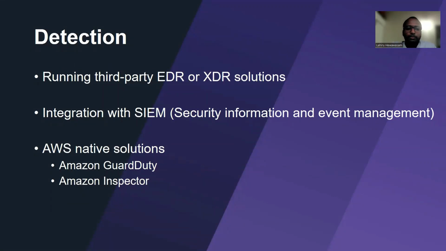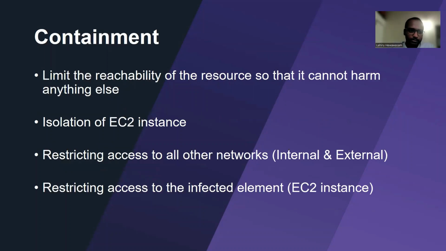However, AWS also provides native solutions so that you don't really need all these third-party tools. You can possibly perform most of the important actions using these solutions. Two such solutions are Amazon GuardDuty and Amazon Inspector. These will not be looked at in depth, however, these are dedicated tools provided by AWS to make life easier for AWS users.